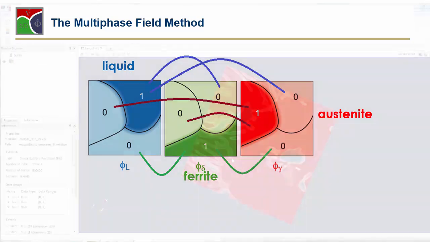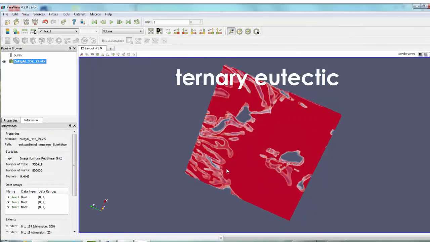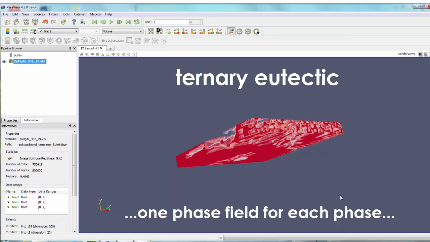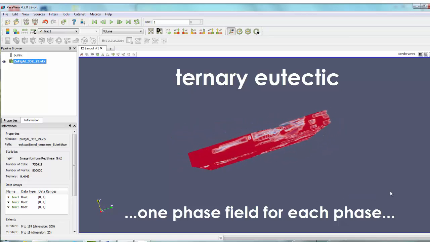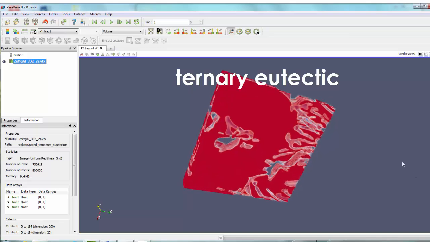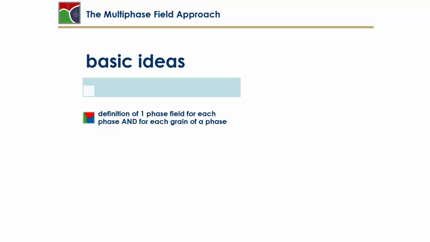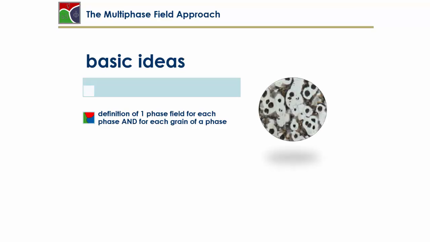The concept goes even beyond defining one phase field for each phase, but it also takes into account one phase field for each grain of each phase. That means that we may have several grains of ferrite in a microstructure, for example, grains number 1 to 10, or phase fields number 1 to 10.